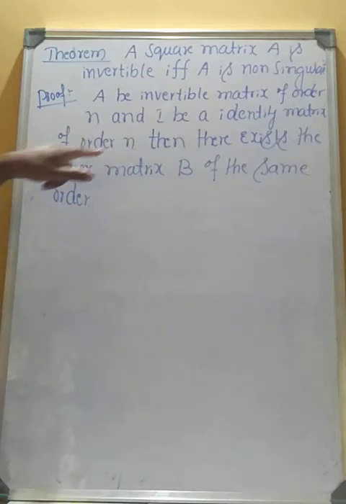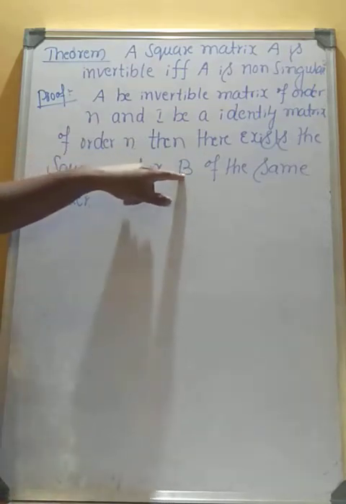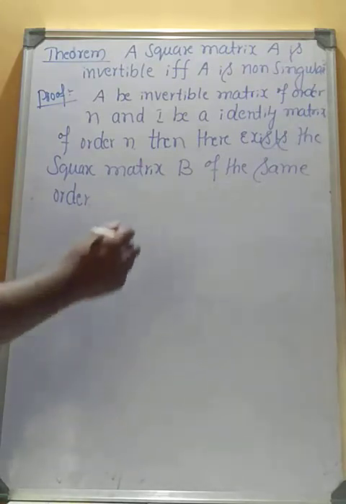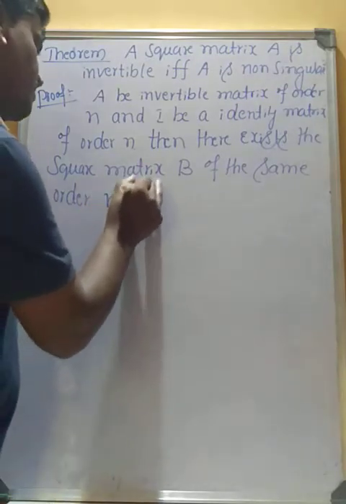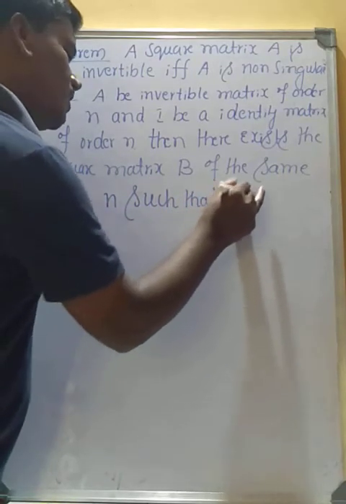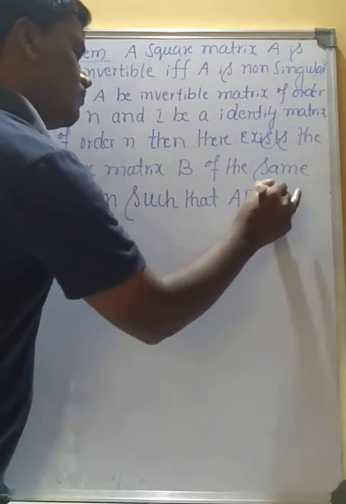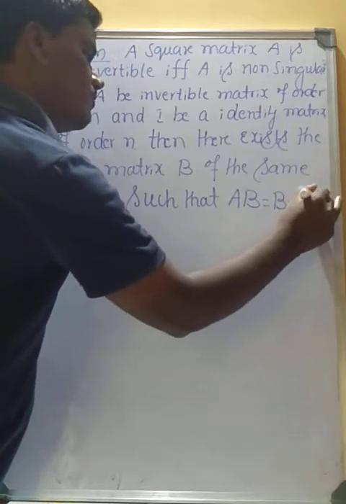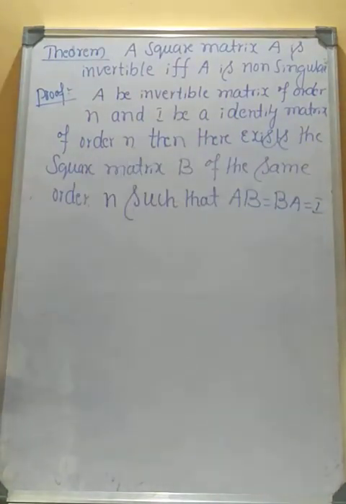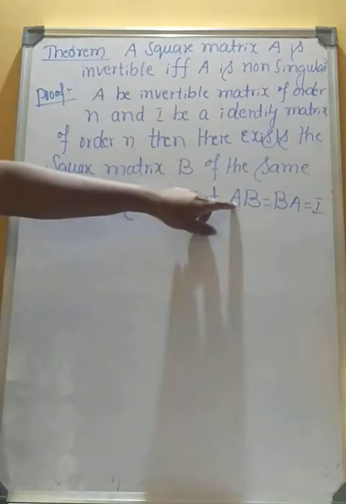Then there exists a square matrix B of the same order n such that AB is equal to BA is equal to I. Let A be a square matrix of order n.